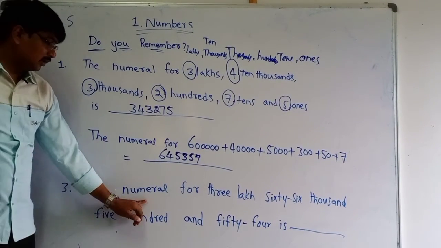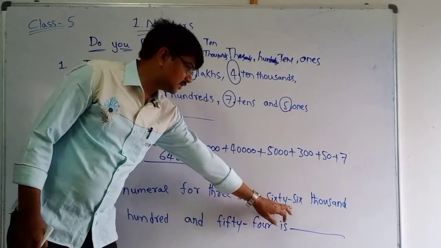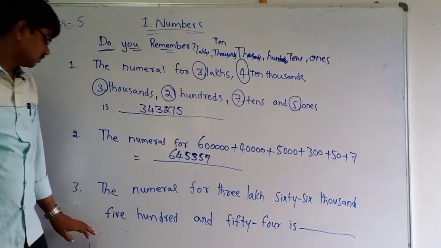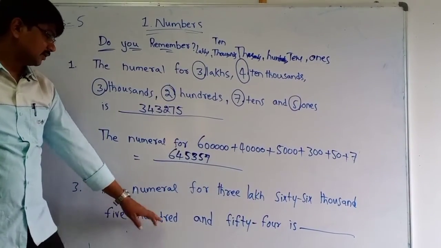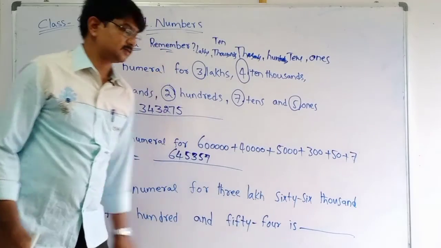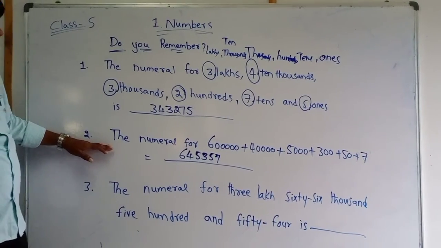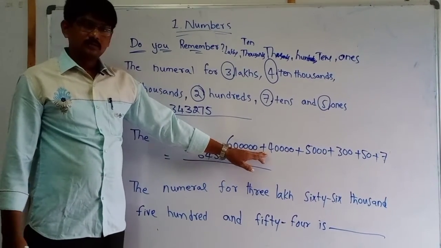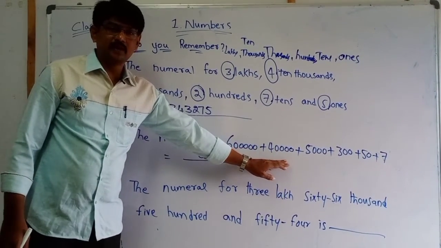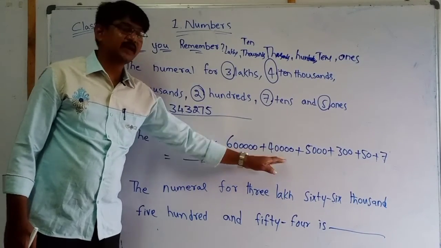Next, one more question is here. The numeral for 3,66,554 is dash. In the second question, the number was given in expanded form.